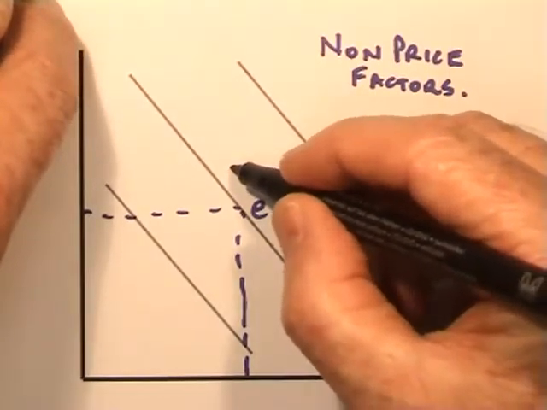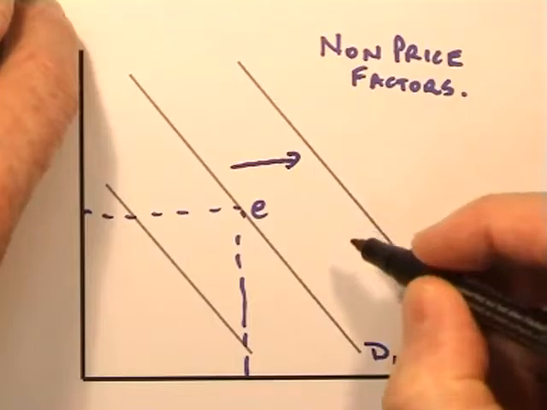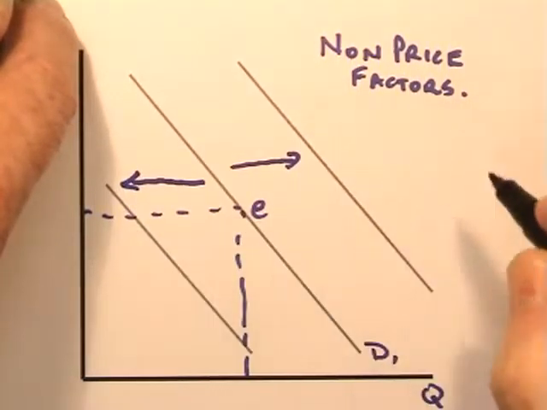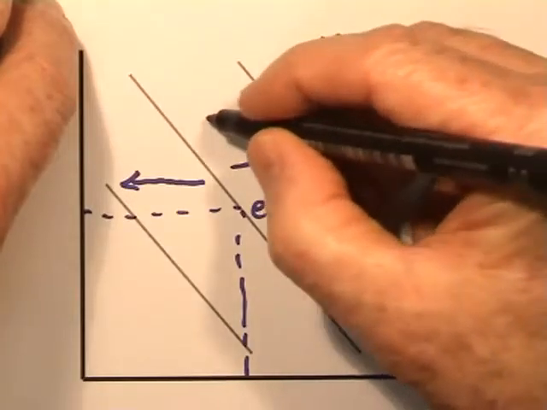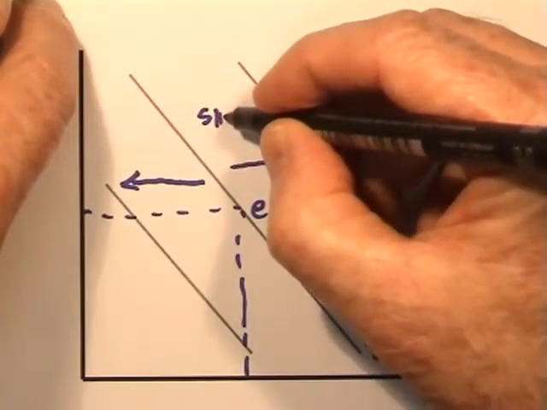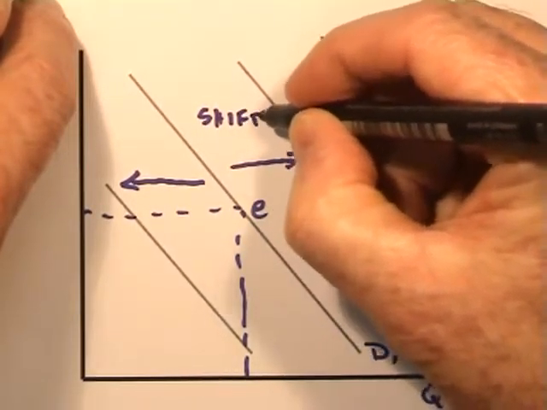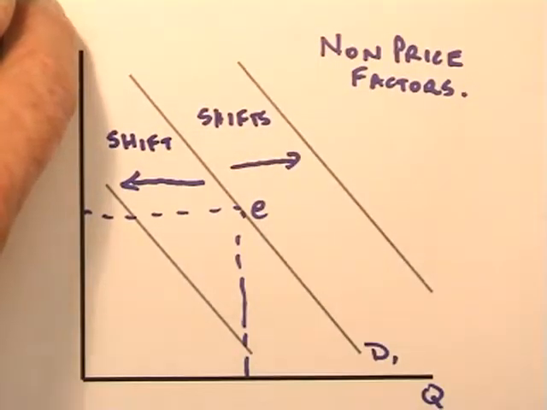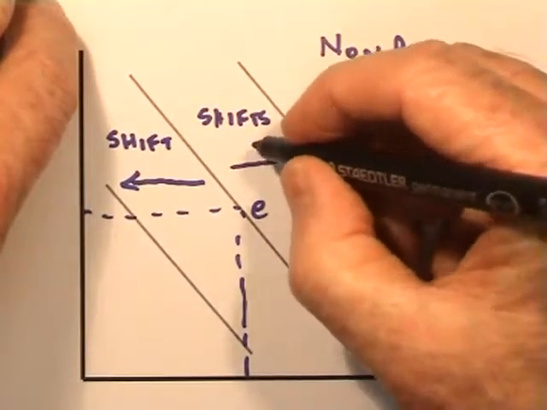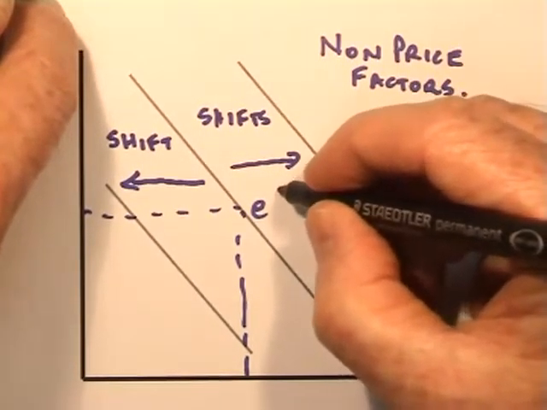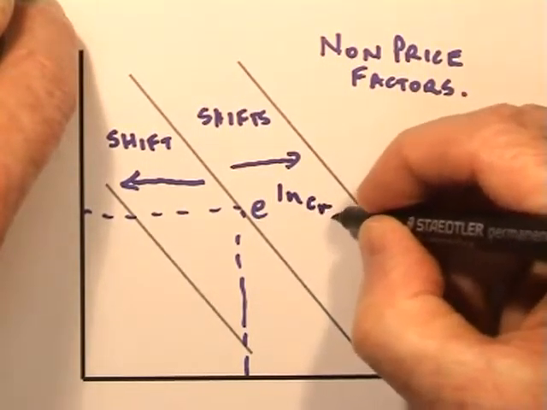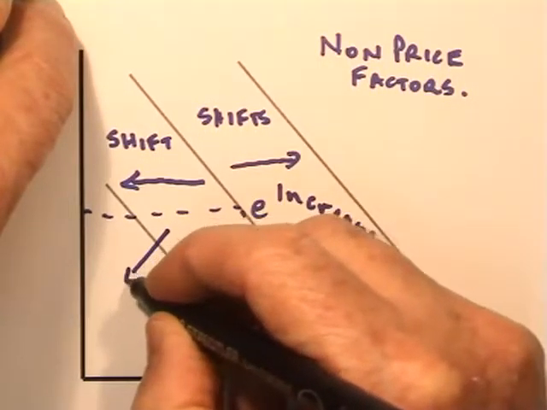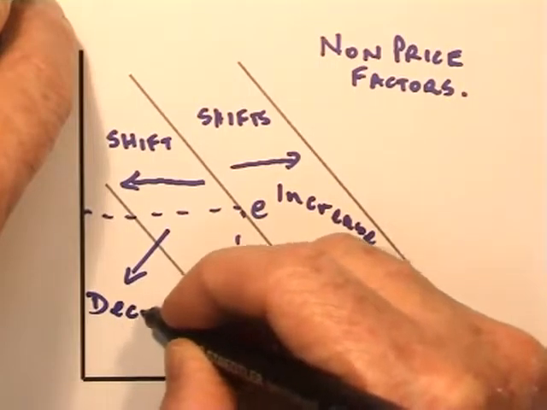So a curve can shift to the right or it can shift to the left. We'll label these as shifts, and in this case, it creates what we call an increase or a decrease.